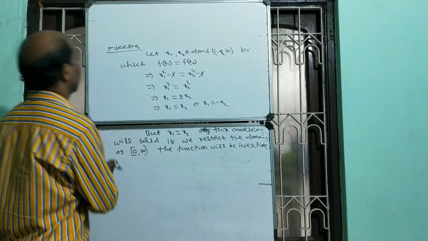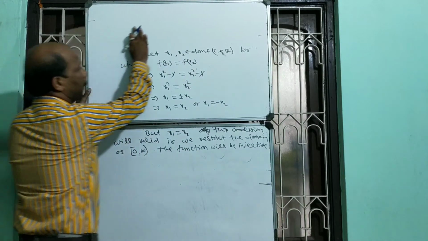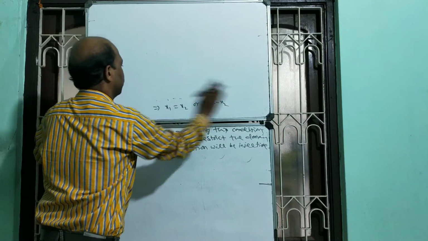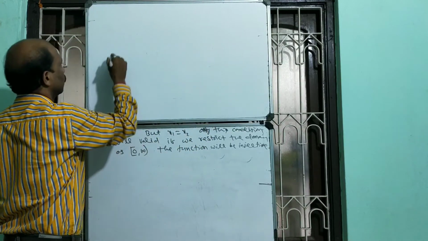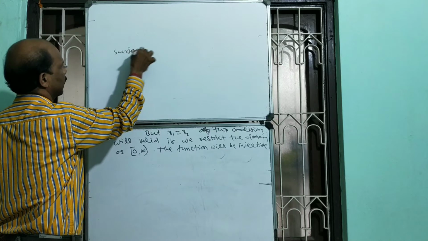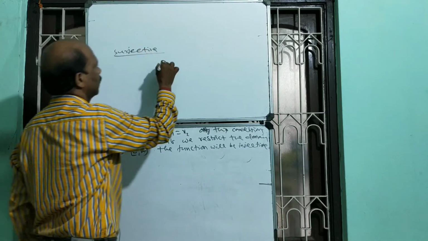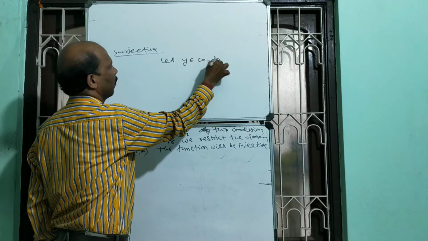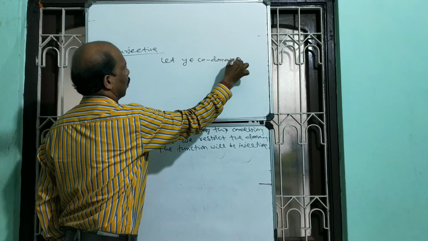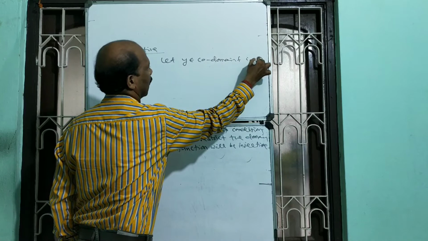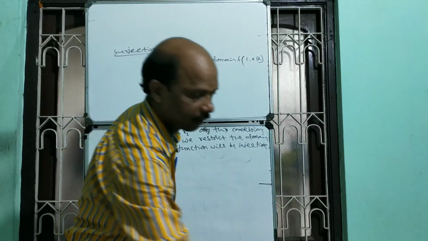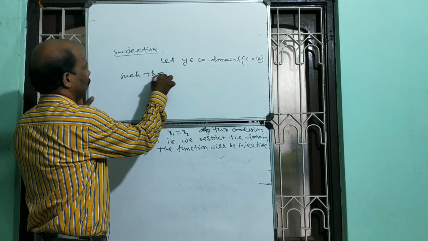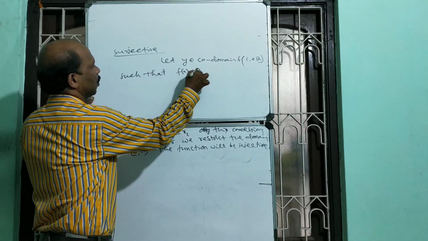Let's go for checking surjective. Surjective means let y belong to the codomain of f, that is R, such that f of x is equal to y.